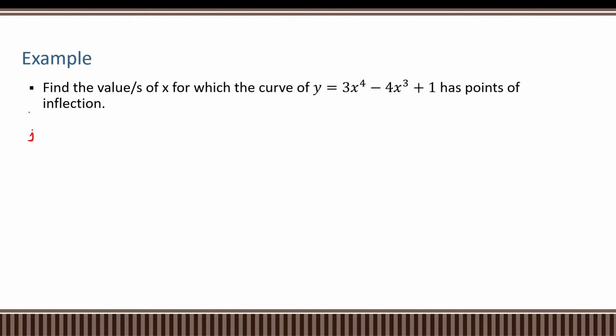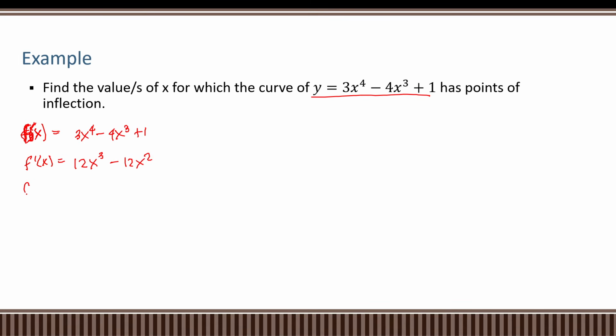Let us have this as our f of x, 3x raised to 4 minus 4x cubed plus 1. The first derivative is equal to 12x cubed minus 12x squared.